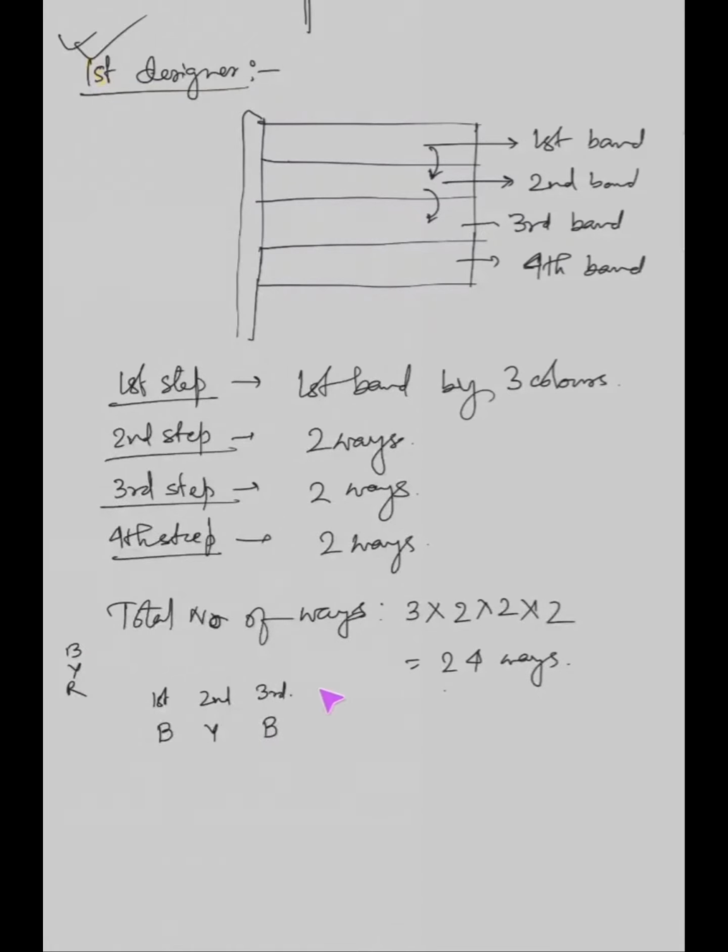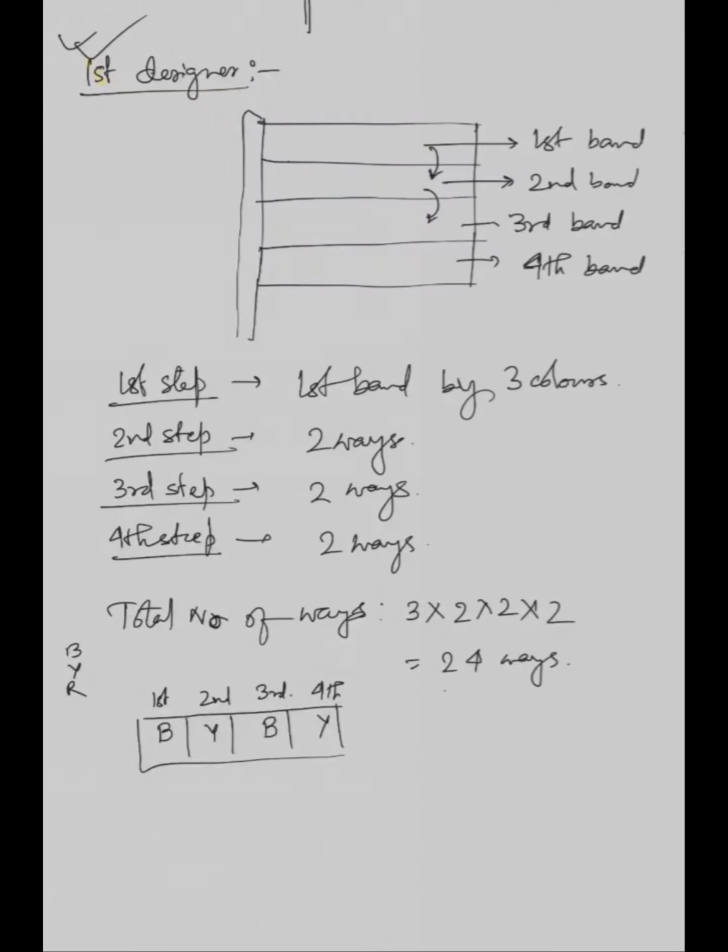In the fourth band, he has another two colors, because he has chosen blue in the third band, so he has two remaining colors, yellow and red, so he may choose yellow. So here we see that he has chosen four bands like this: blue, yellow, blue, yellow. That means only two colors are there, the third color is not present.